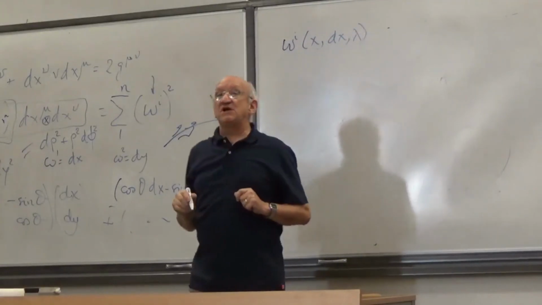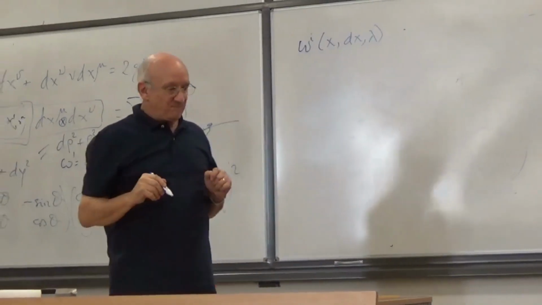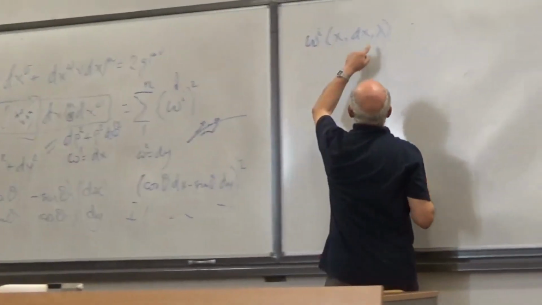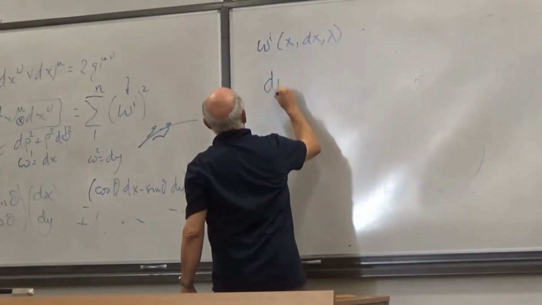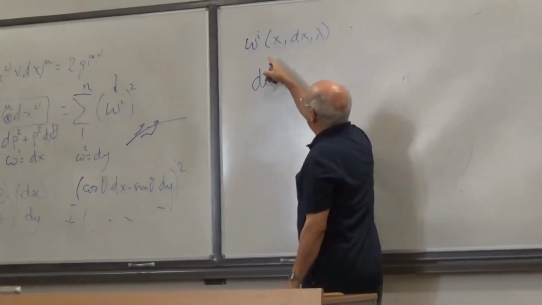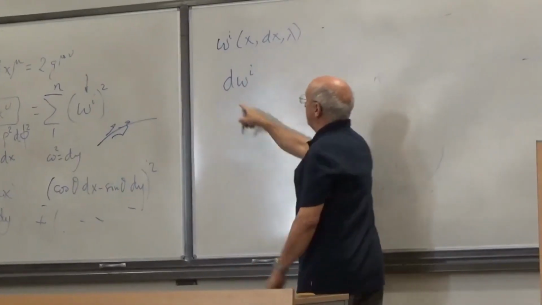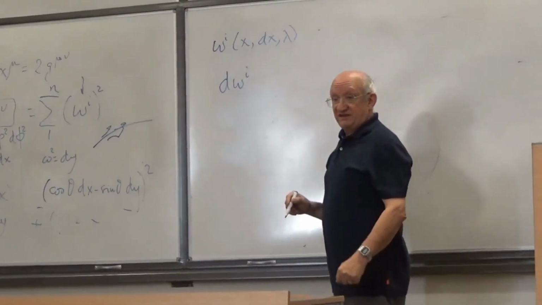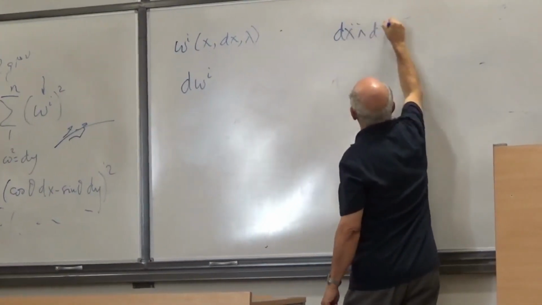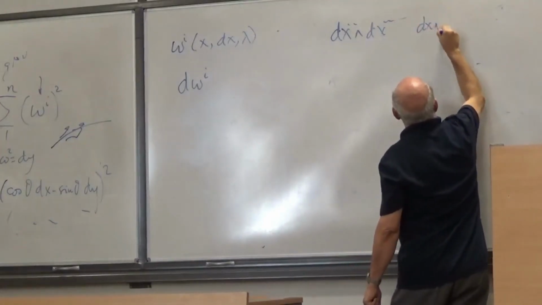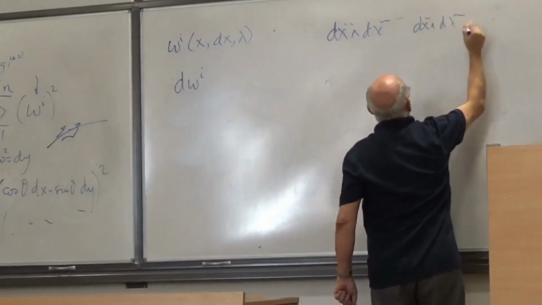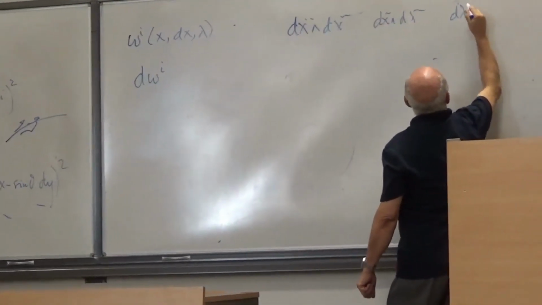And they are differential one forms. What happens if I differentiate this? These are two forms in principle, but they can be combinations of terms of this type with this, and terms of that type.